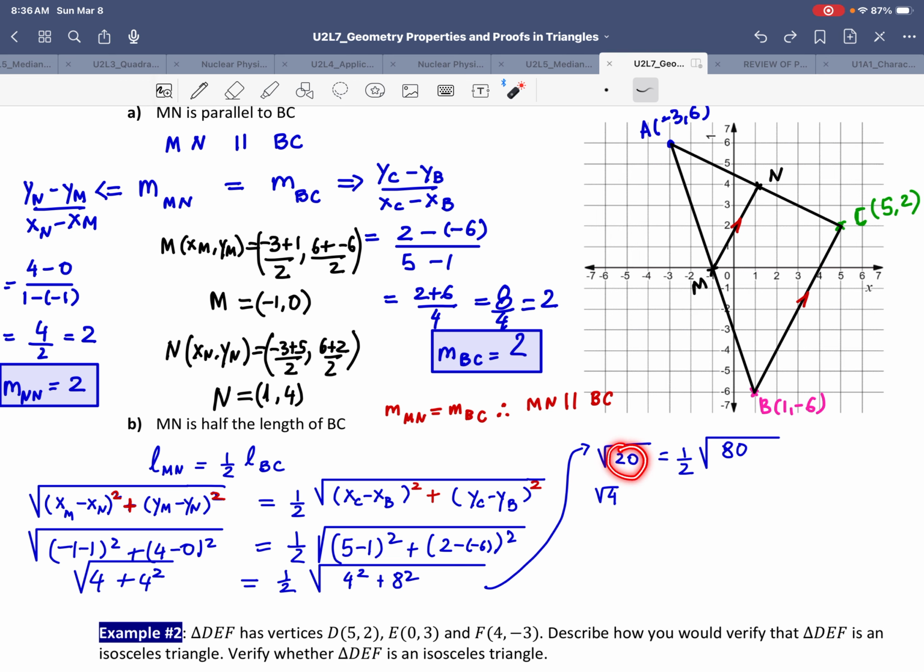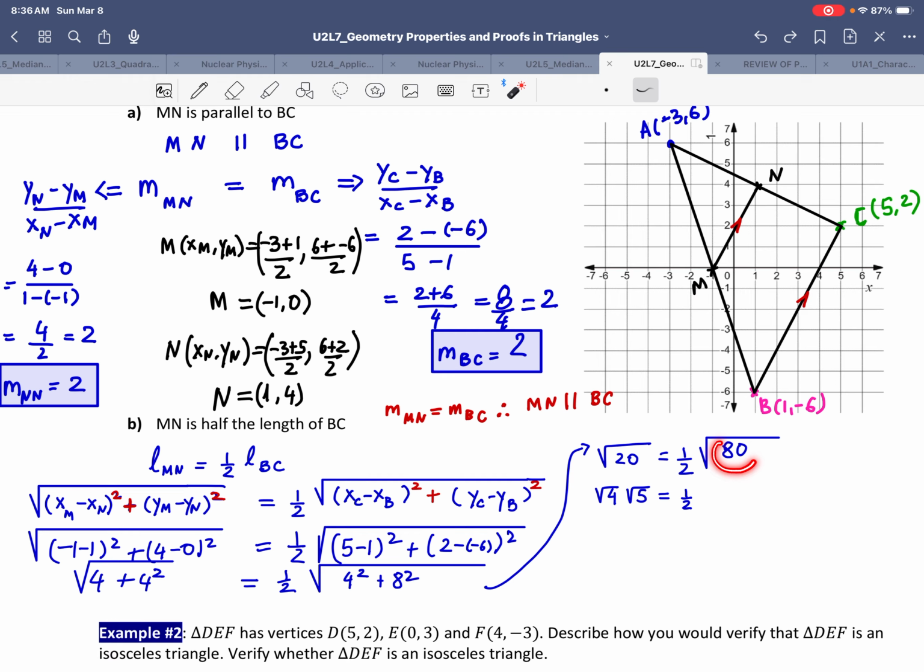So in root 20, we see that we have a factor of 4, which is a perfect square factor, and we'll multiply it by root of 5. So root 4, root 5. We know that we can split them up, right? We have learned how to write the product of the roots. Then now we're going to have 1 over 2.